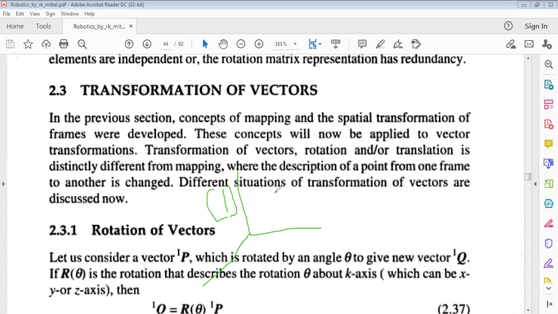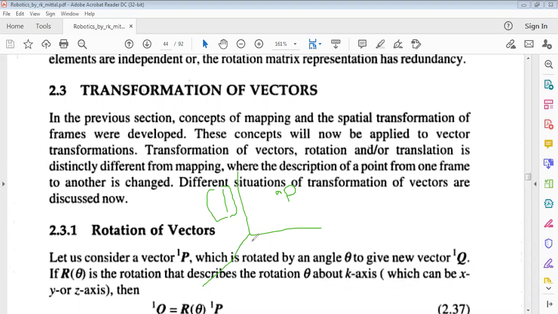In this frame 1, there is a point P. How do we describe this point P with respect to frame 1? If I define the position and orientation of this point with respect to this frame, that is known as the description of a point.